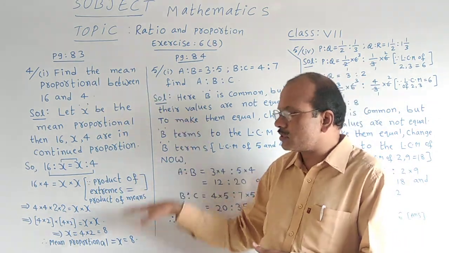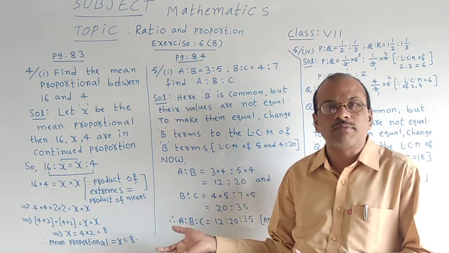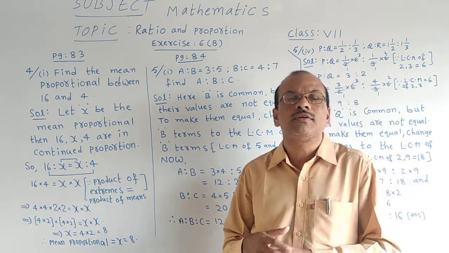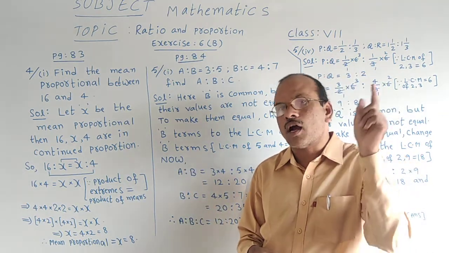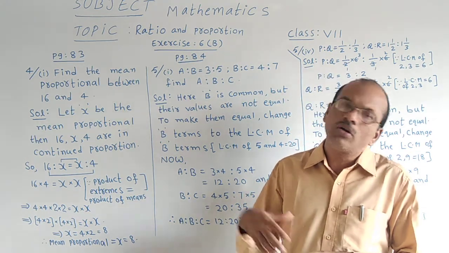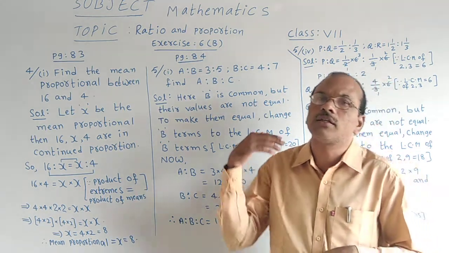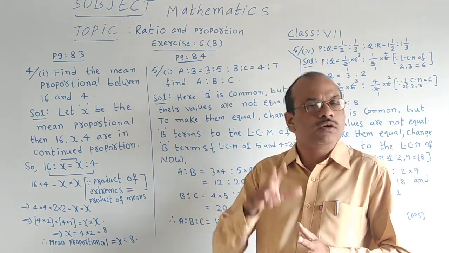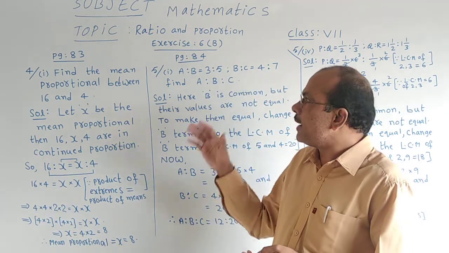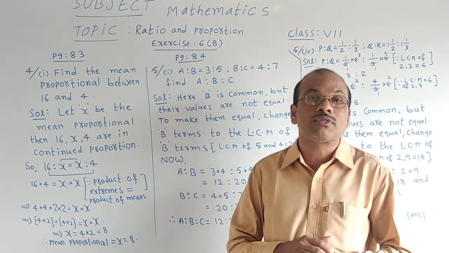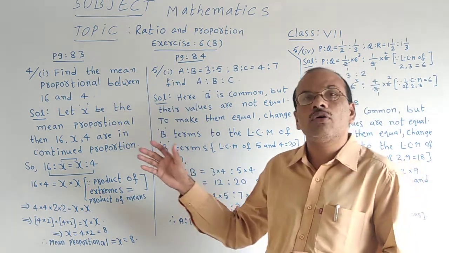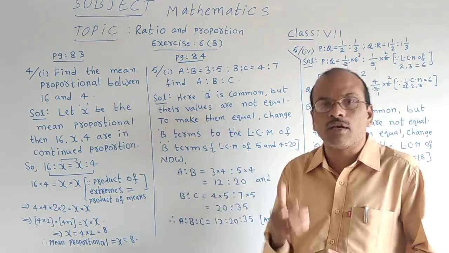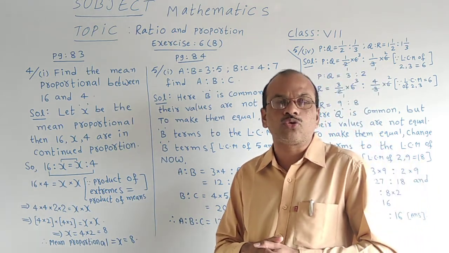I hope this sum is clear. And other sums are of same model. We can do it. If the decimal is given, how we have to do in the decimal also, I have already taught in the fourth proportional case, and already we have got idea in that. And if the fraction comes, the fraction method also I have taught you one sum. The same procedures can be used to do it.